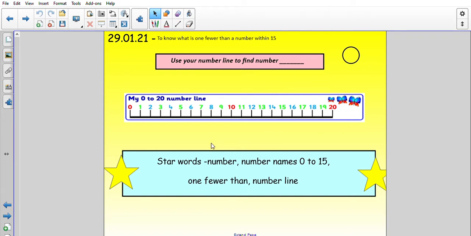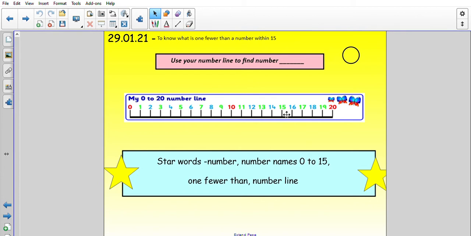So let's start by looking at our star words. Our star words today are number, and our number names again from 0 to 15. We started thinking about going backwards yesterday when we counted backwards. Do you remember? Shall we have another go at counting backwards from 15? Let's find 15 on our number line to help us.